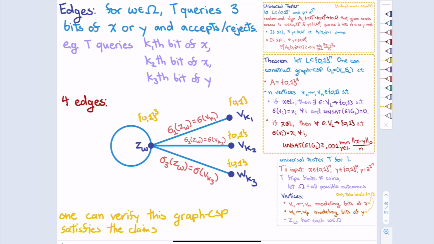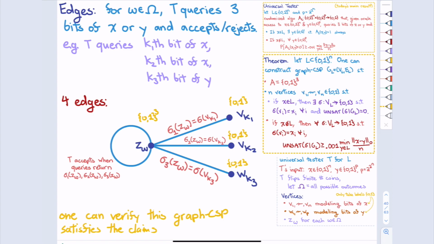So we let this constraint be satisfied by exactly the 3 bits that would have made t accept, and not satisfied by the ones that rejected. For this last constraint, I'm only going to take the bit strings that would have led t to accept for this particular set of coin tosses.